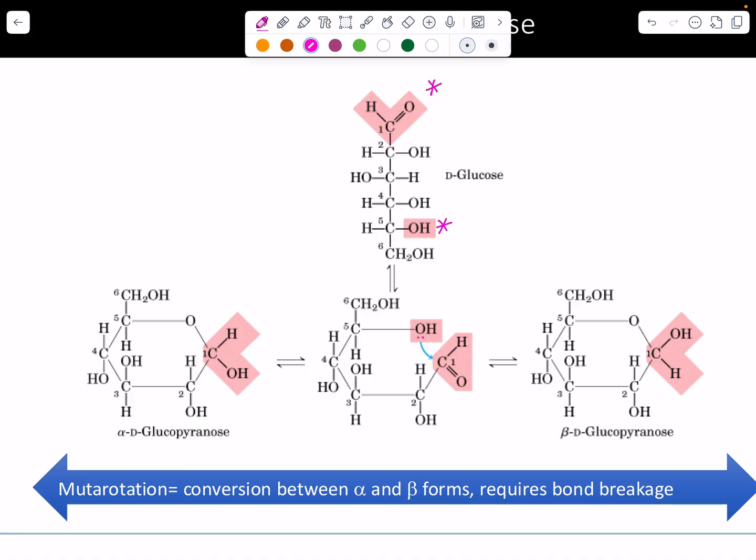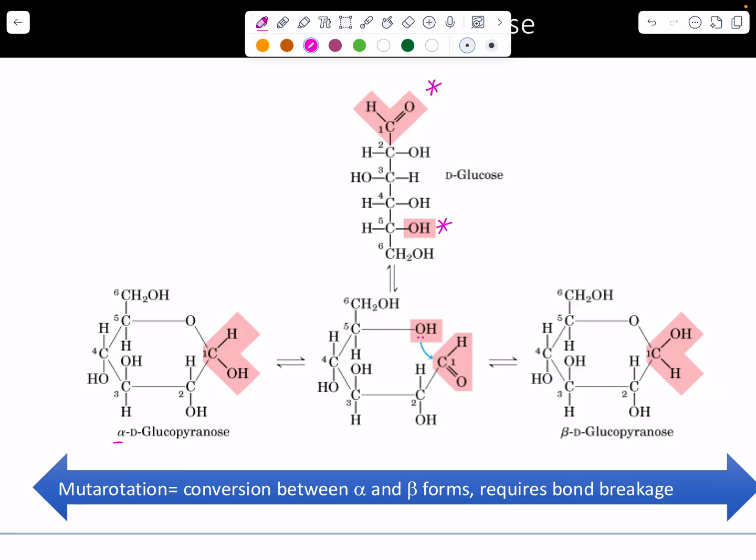And we'll see why it's called pyranose in a few slides. So our new stereoisomers, you'll notice that these reactions are all double arrows. That implies they're reversible and that they are in equilibrium with one another. So we have our straight chain form, and then we have our two cyclic forms here. Okay, so our new stereoisomers are called the alpha and beta anomers.